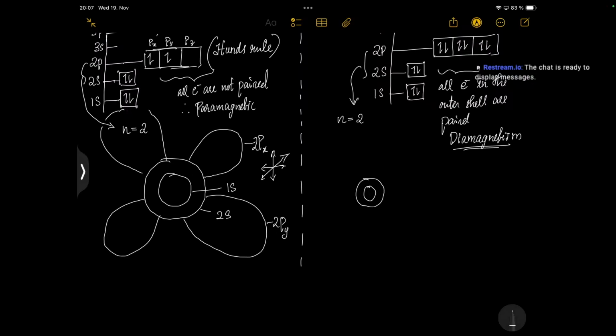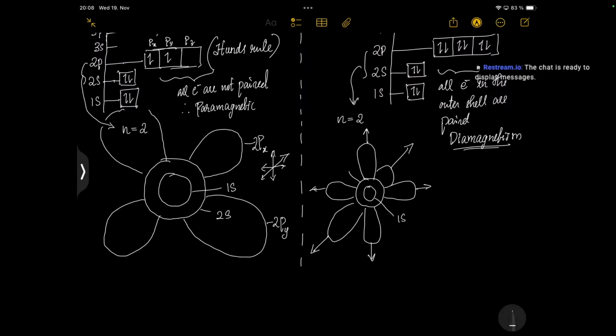That would be the 2s, px, py, and pz. 1s, 2s, px, py, pz.